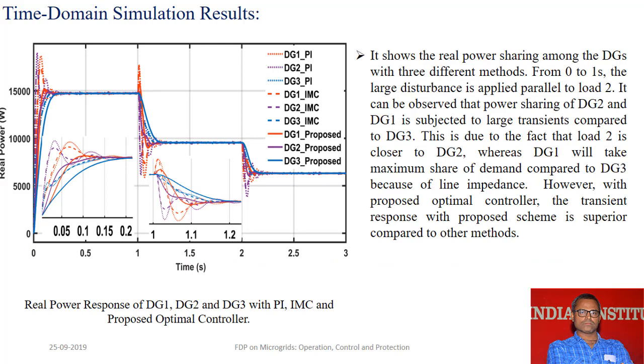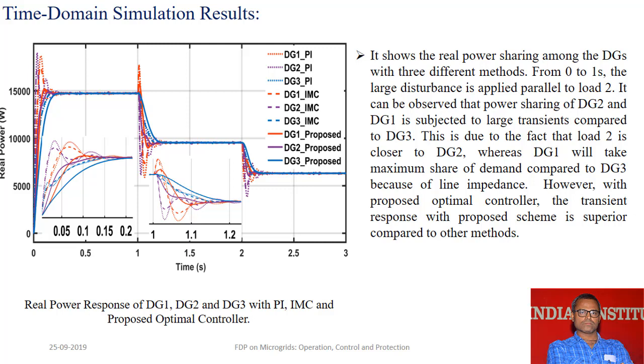Now in the time domain simulation we can see the impact of these controllers: the PI controller, the IMC controller, and the proposed. The proposed is the optimal IMC, which is IMC plus optimization, where the parameters are optimized, right? From the figures we can see the best performance is by the proposed controller, the optimal IMC controller.